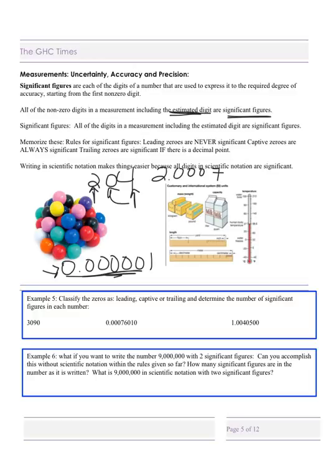Captive zeros always count. So as long as you are sandwiched by two digits that are not 0, you count. So we have two rules about zeros so far. Leading zeros never count. Captive zeros always count.